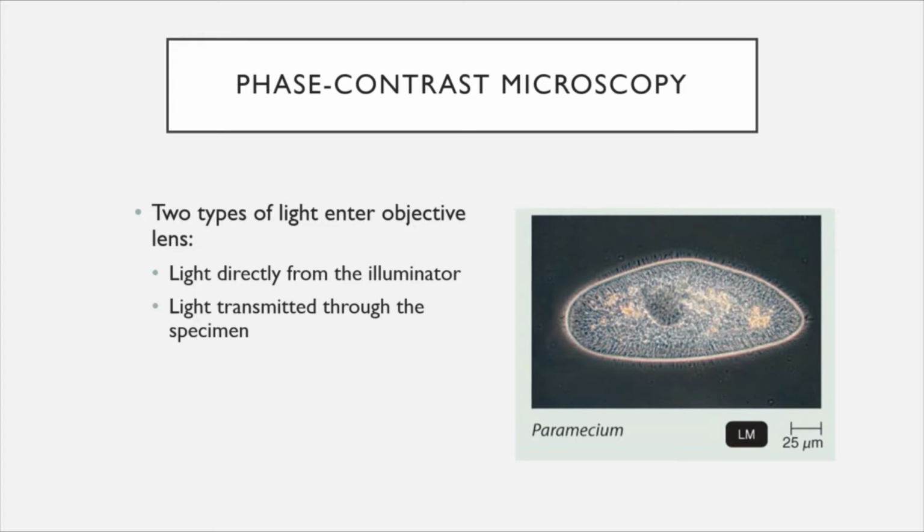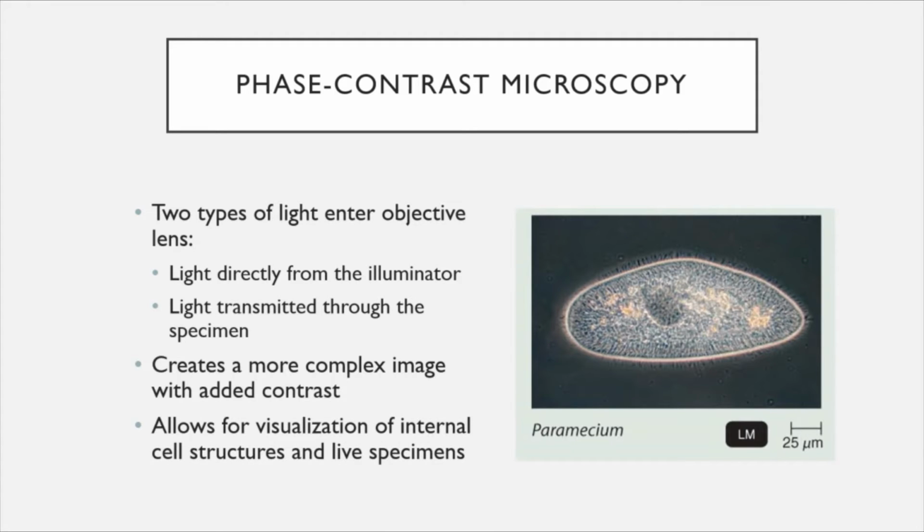Because there are two types of light, this creates a more complex image, which adds contrast that allows you to visualize internal cell structures, and it also allows you to visualize live specimens and their structures as they are in motion, for example. When you're viewing a specimen in phase contrast microscopy, you do not need to stain it with any artificial dyes in order to visualize it.